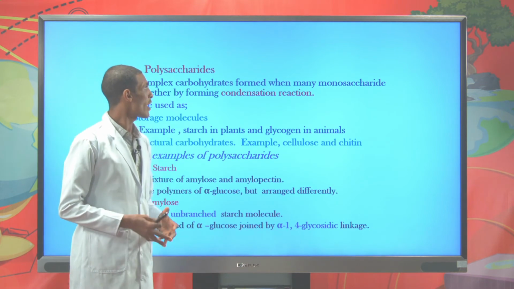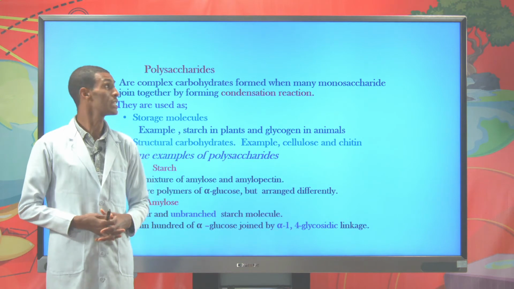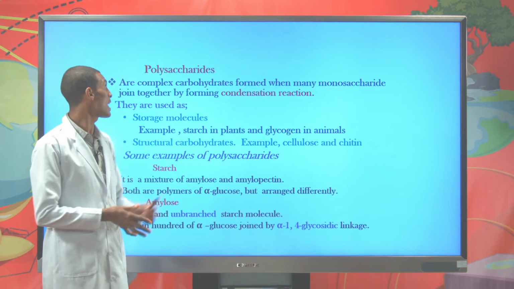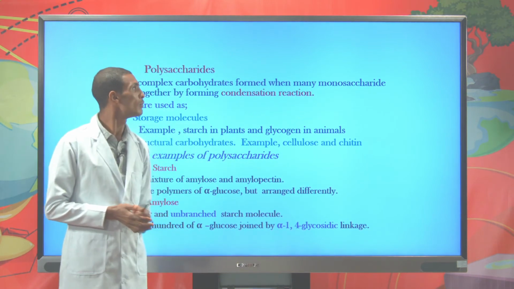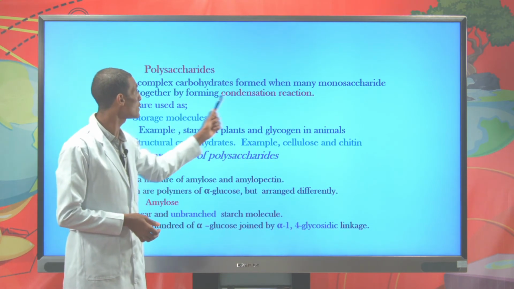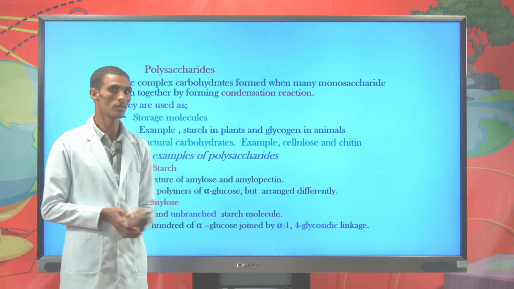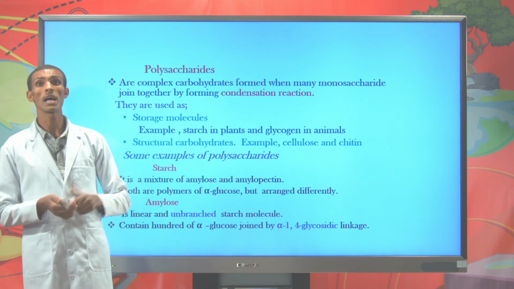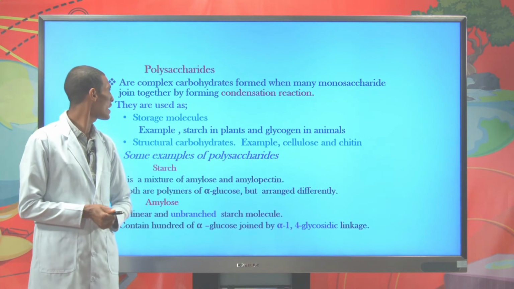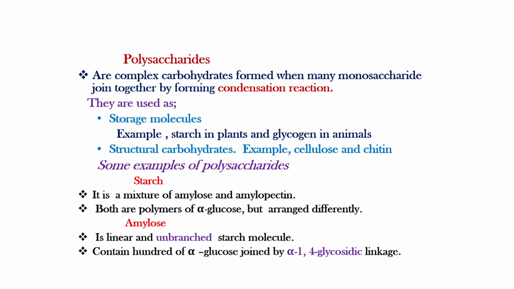Another type of carbohydrate made from thousands of monosaccharides is the polysaccharide. As the name suggests, it is made from many monosaccharide molecules joined by condensation reactions, releasing water molecules. Student, do you know some advantages of polysaccharides? Well, polysaccharides are very important in storing energy.